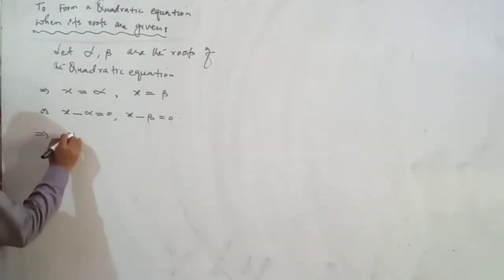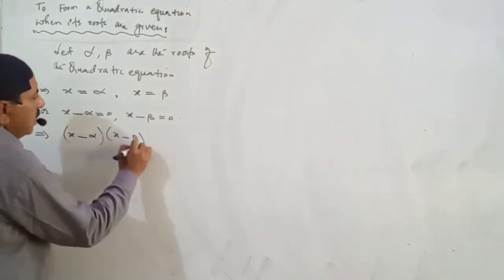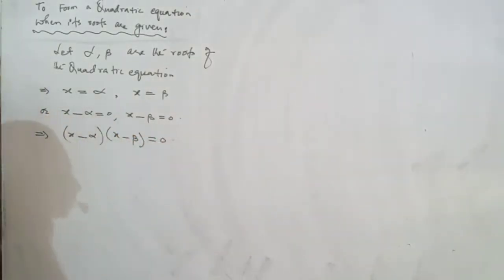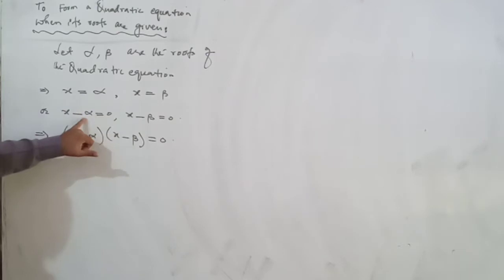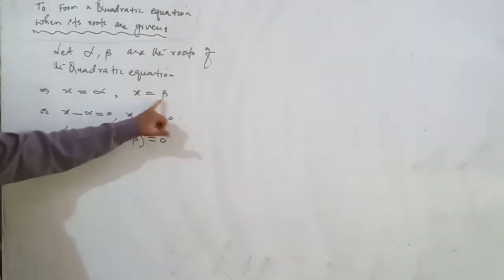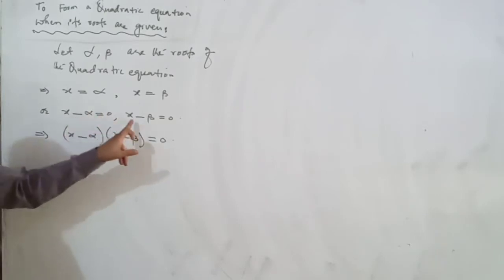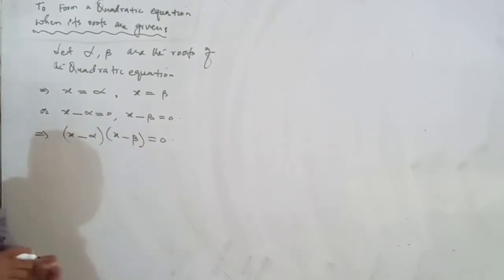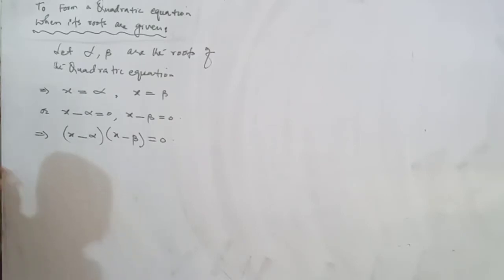Also we can say that (x minus alpha)(x minus beta) is equal to 0. x is equal to alpha means x minus alpha is equal to 0. x is equal to beta means x minus beta is equal to 0. If each factor is equal to 0, then with respect to the multiplication, the product should also be equal to 0.